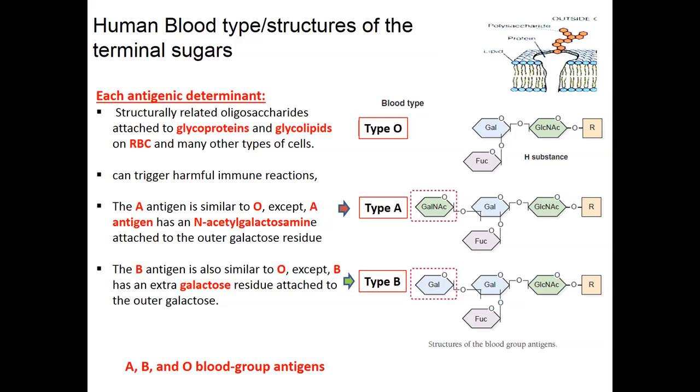Now, this is something important, and I'll put it out there. I think you should know it. It's very, very important. Human blood type, due to the structure of sugars. Now, one thing you have to remember, you have an oligosaccharide here.